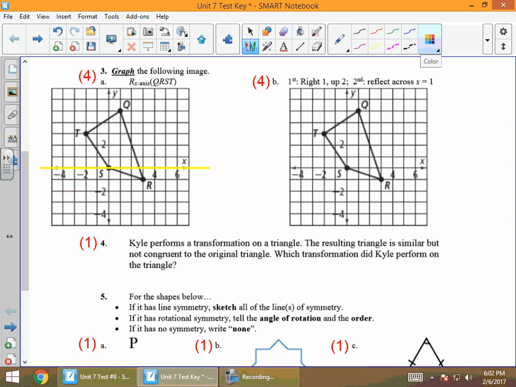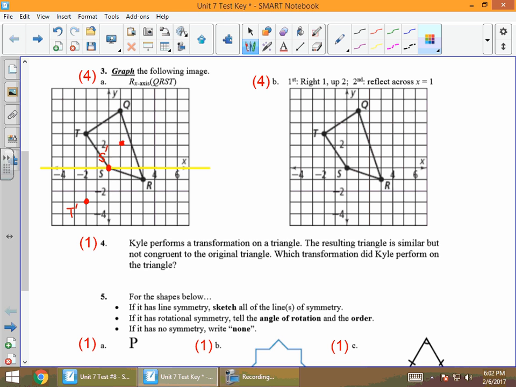And if I need to flip the points over that line, I'll just do it graphically. So T right now is 1, 2, 3 points above. So I'm going to go 1, 2, 3 points below that line. And that is my new T. S is right on the line, so S actually does not change places. Right, Q is up here. How far up is that?